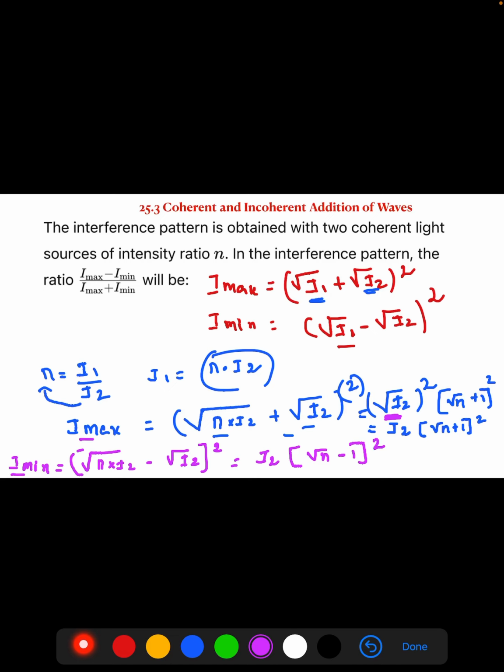Listen carefully. The next step: we are going to do the numerator, then the denominator. So the first is I max minus I minimum. You can see here I max is I2 in the bracket of root n plus 1 whole square, minus I minimum, which is I2 in the bracket of root n minus 1 whole square.